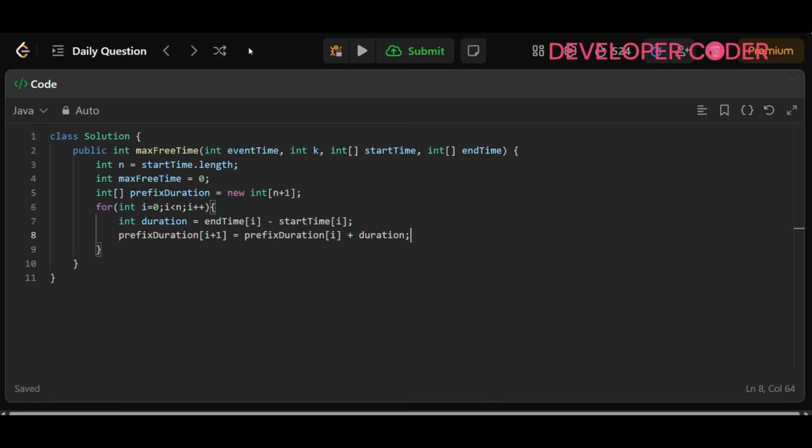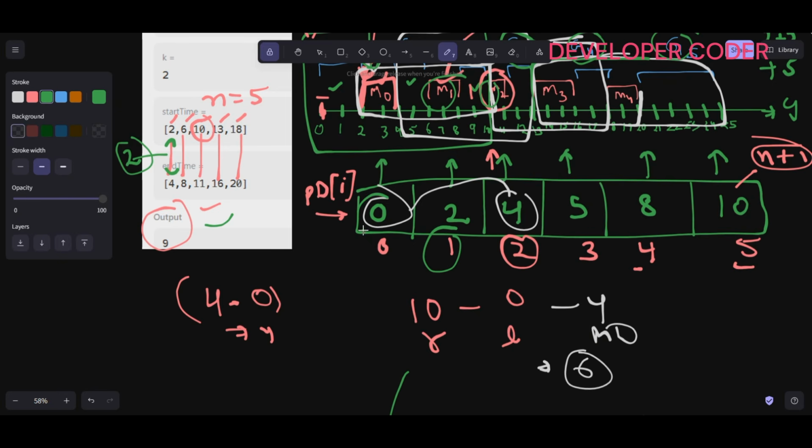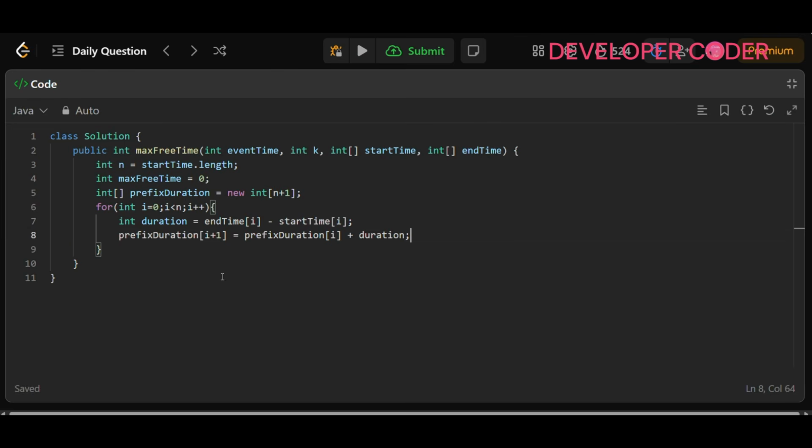At 1 you are placing the prefix duration of i. Initially this value is 0 by default, because there are no meetings in the past. So in this 0 I am adding the current 2, and I am placing it here. Next time 6 minus 2, so in this 2 I'm adding 2, so I will get 4. So that's the reason.